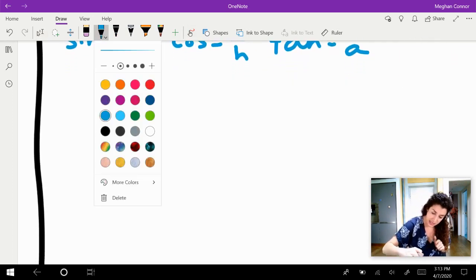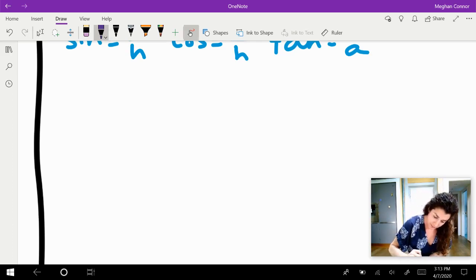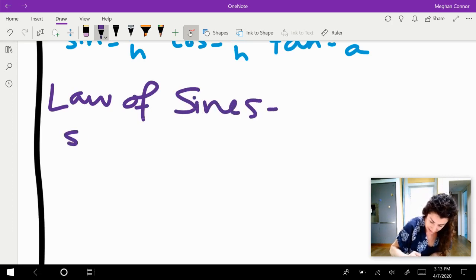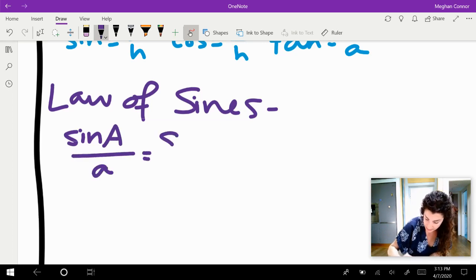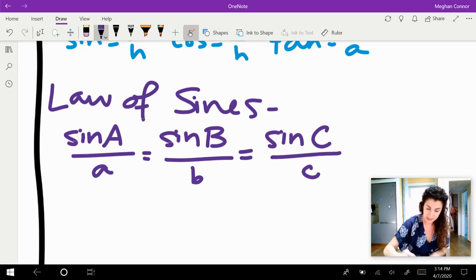The next thing that we have learned is the law of sines. The law of sines is that the sine of any angle divided by its opposite side is equal to the sine of any other angle divided by its opposite side.